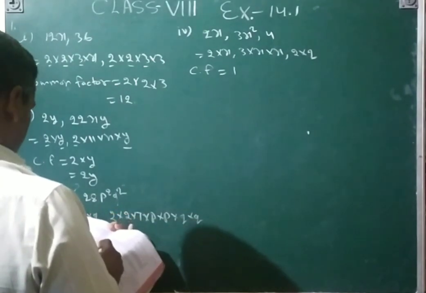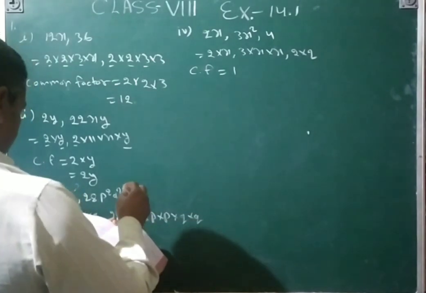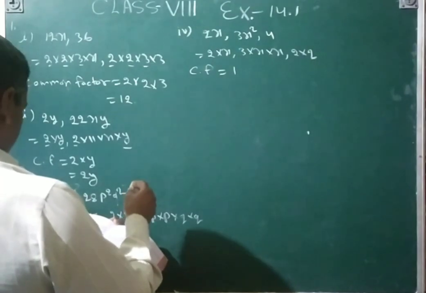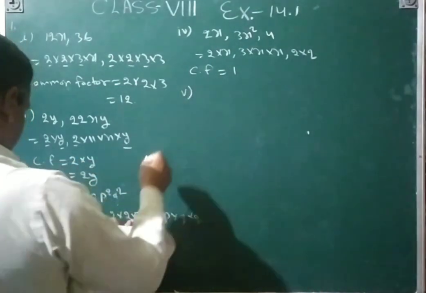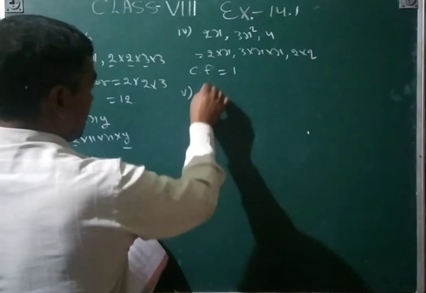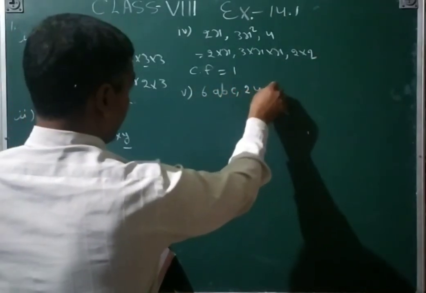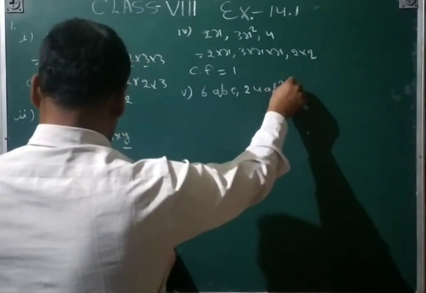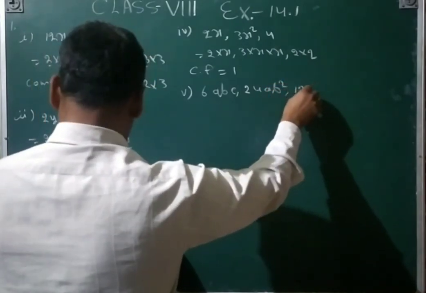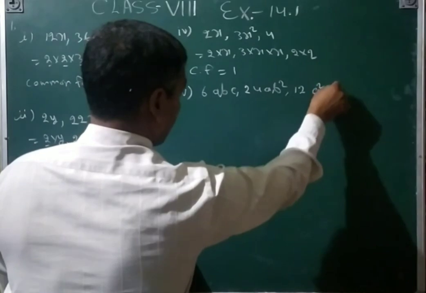And then the fifth part: 6abc, 24ab square, 12a square b.